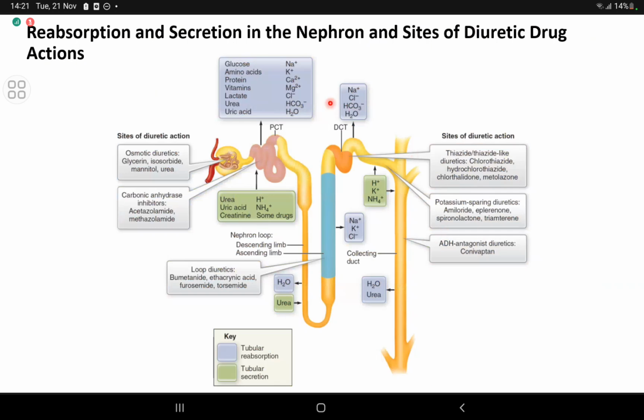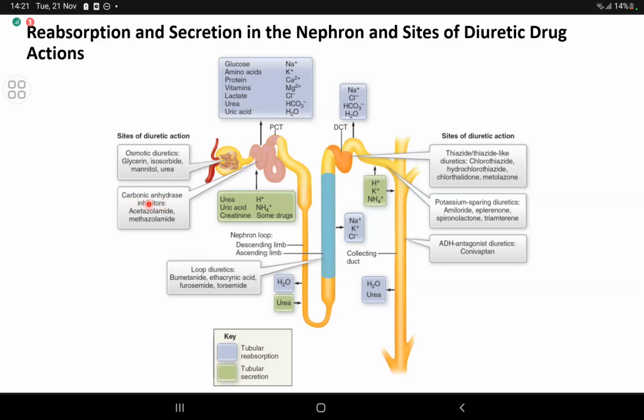This is another slide illustrating the whole picture of diuretics. Osmotic diuretics will focus on this zone, which is the glomerulus.